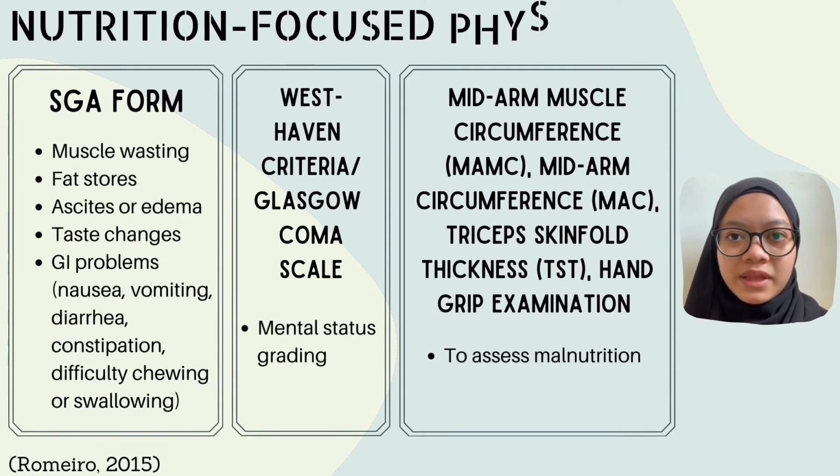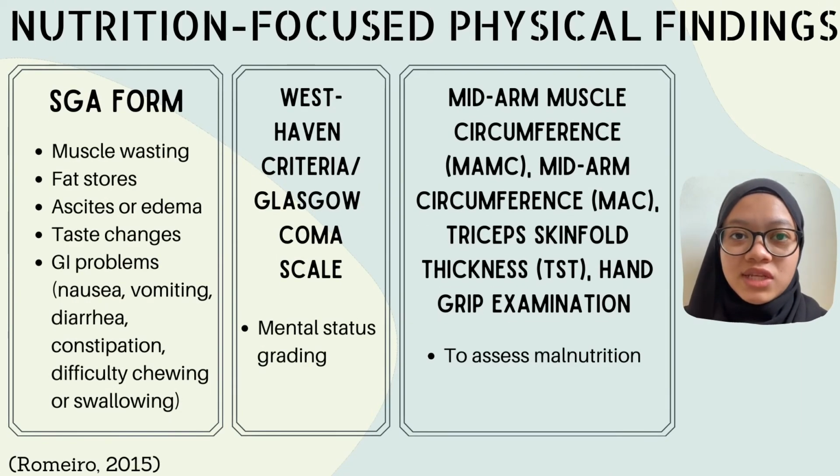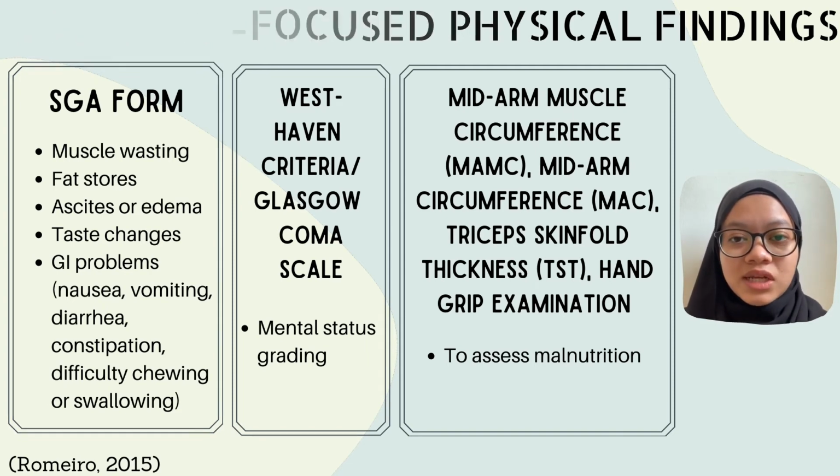Hepatic encephalopathy may also cause physical changes which are usually examined through the use of the SGA form, which may result in findings such as muscle wasting, fluid accumulation, taste changes, and GI problems. Mental status grading is usually assessed using West Haven criteria or Glasgow Coma Scale, while malnutrition can be examined through physical measurements such as MAMC, MAC, TST, and hand grip examination.